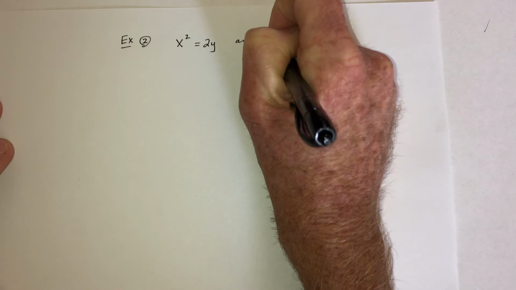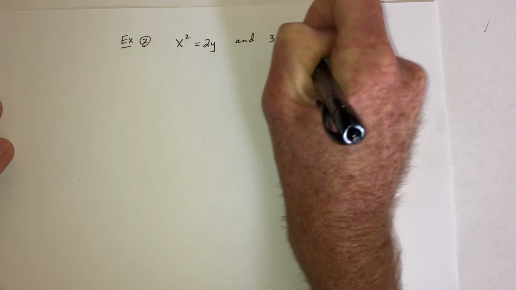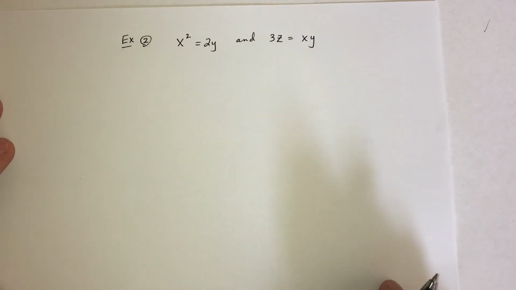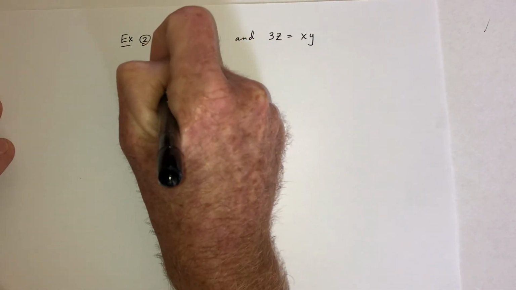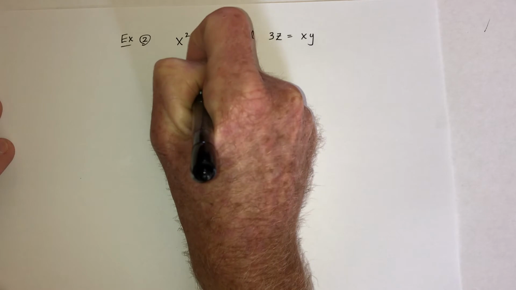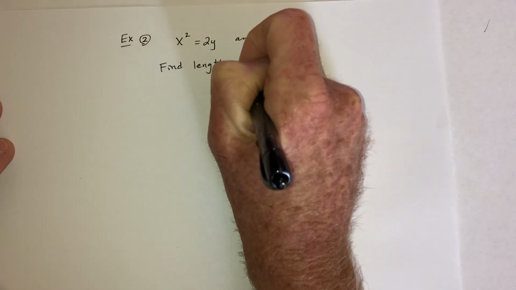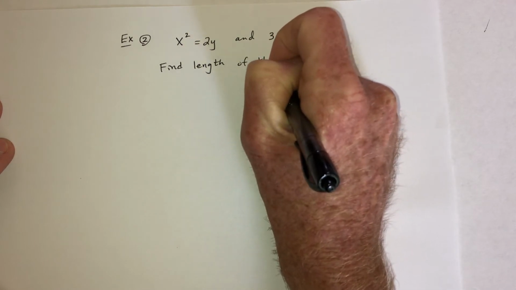And another surface is 3z equals xy. And then we're going to find the arc length where they intersect.